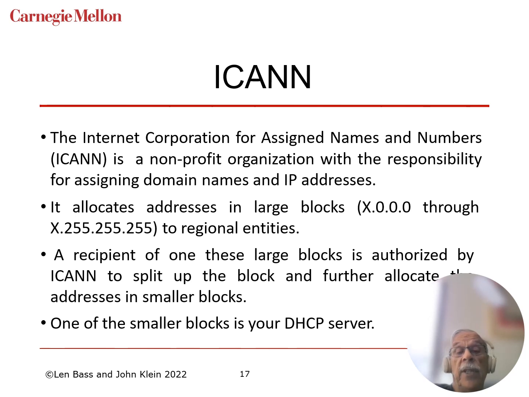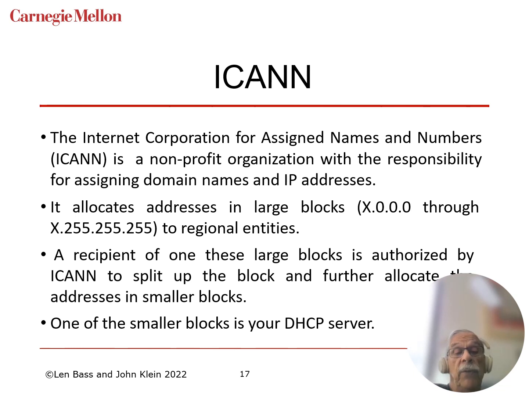It allocates addresses in large blocks. So it specifies the first digit, and then all the other things that follow the first digit are in a block, and it will do that to regional entities or to the U.S. military, since this scheme was set up when the military was initiating the internet protocols.